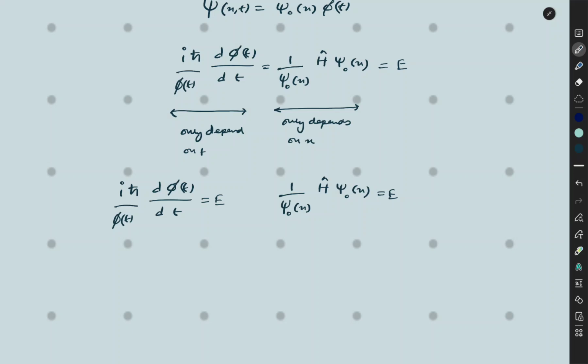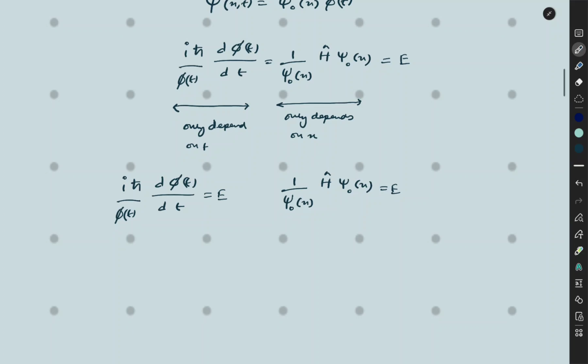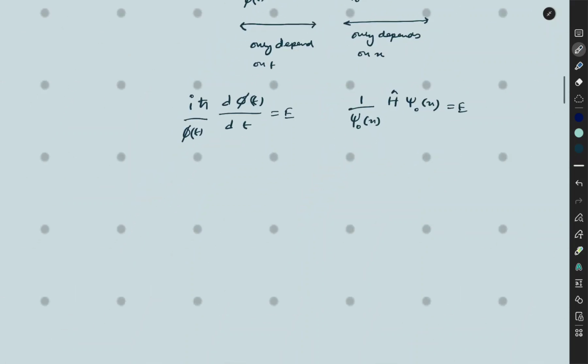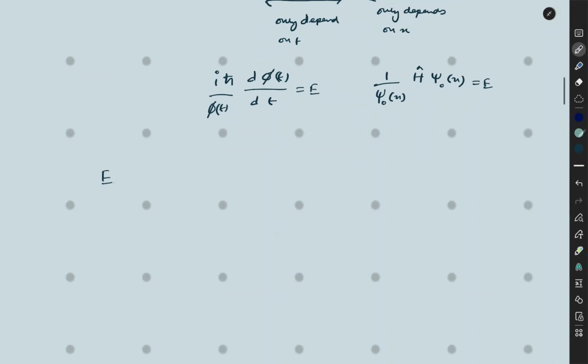So now solving the two new equations, you can see that we just turned one hard partial differential equation into two much easier ordinary differential equations. Let us consider this as equation 1, which is the temporal one, that is the time equation.